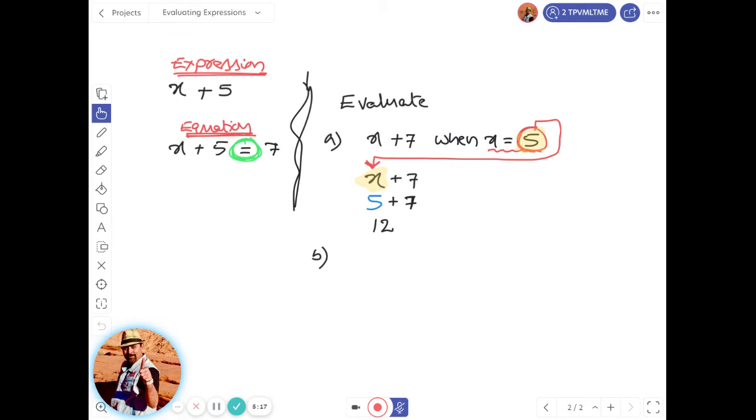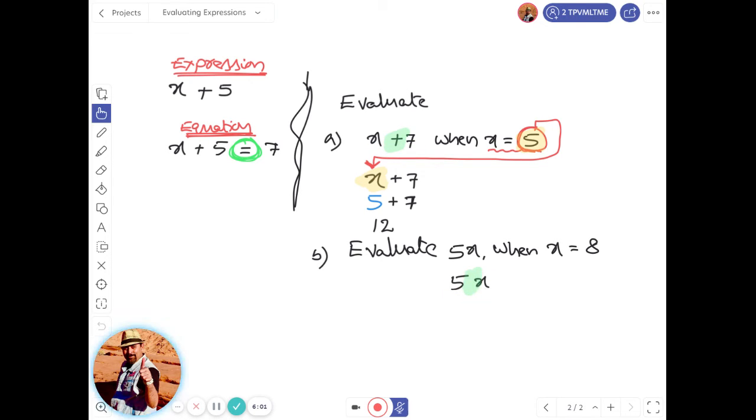Assume that you are given a similar question. Say, evaluate 5x when x equals maybe 8. So first let me write the expression. Please remember, expression means two numbers, or one variable and one constant, connected by a plus sign.